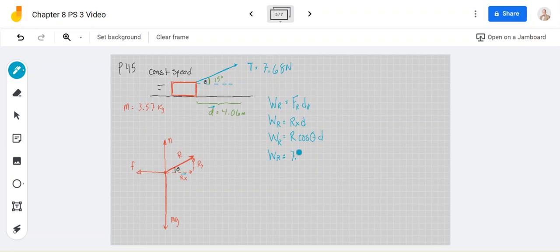So I have 7.68 times the cosine of 15 times the distance. And I think that's 30, let's check. 30 joules.